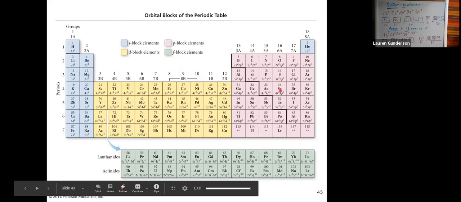That means that there are 6 electrons that come before selenium, 4s1 and 4s2. So 1, 2, 3, 4, 5, 6. So selenium has 6 valence electrons. So again, the location on the periodic table is what tells you what your valence electrons are and what your core electrons are.